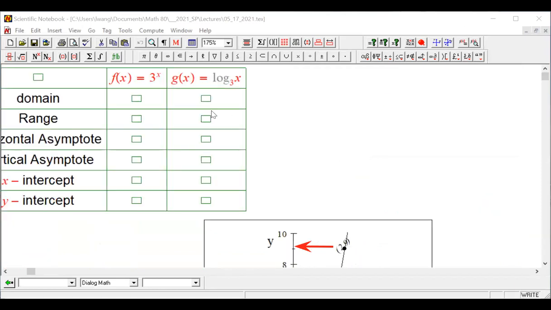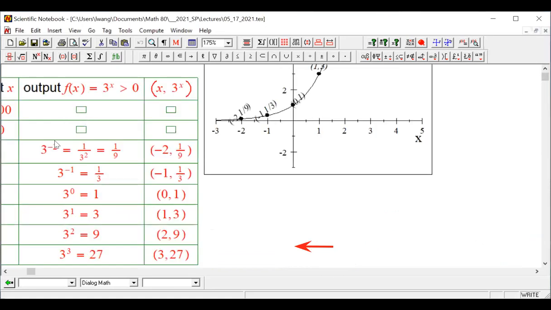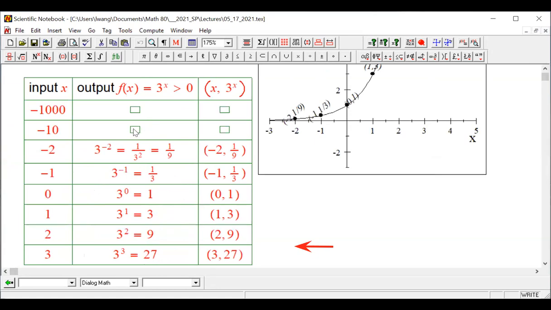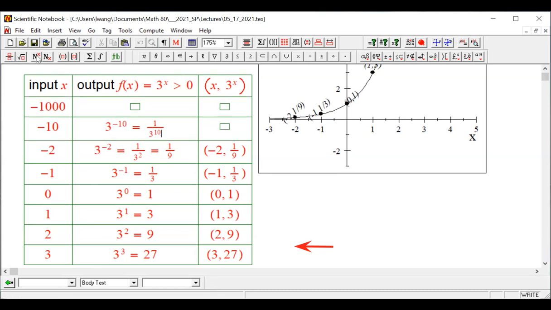We can see this from the numerical calculation. For example, if I have -10, and then evaluate 3 to the power of -10, it is a number larger than 0, but very close to 0.